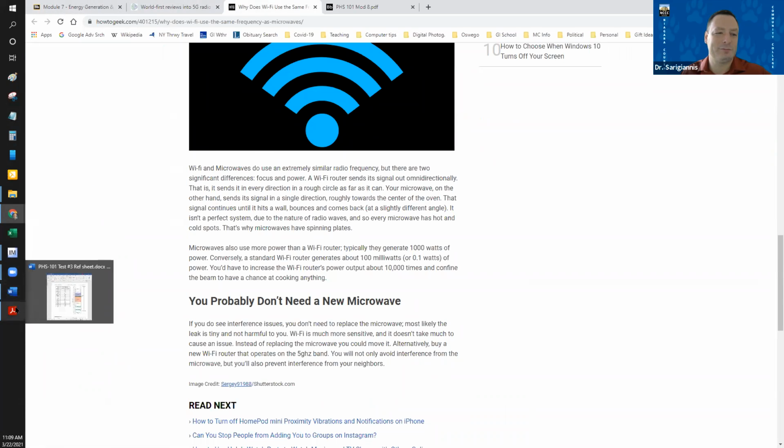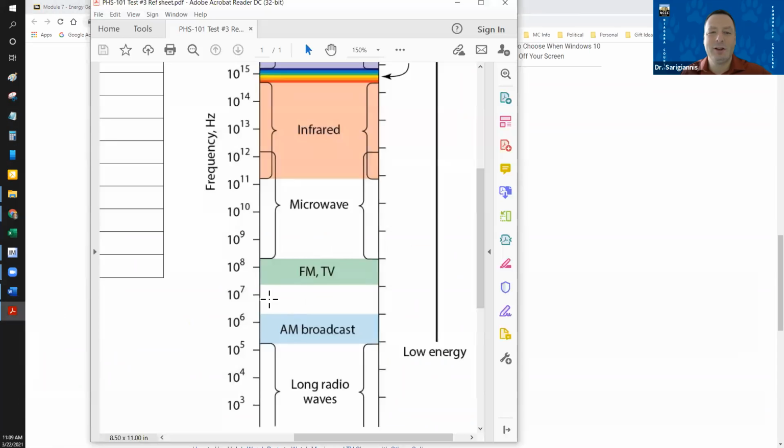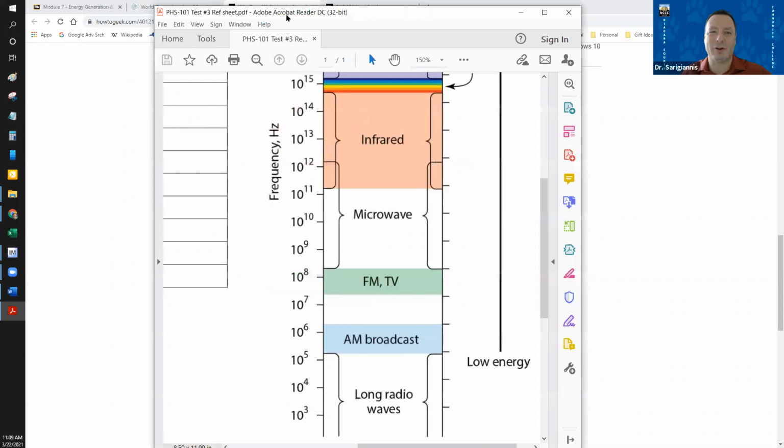There it is. 20 to 30 gigahertz. So kind of in this range here. It depends on who's doing the 5G. Like Verizon has its own frequencies, and so Sprint, I'm sure, has their own frequencies.